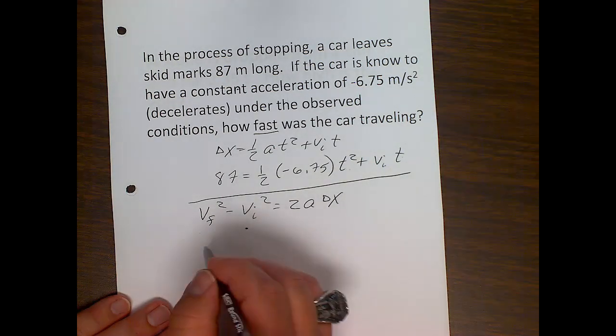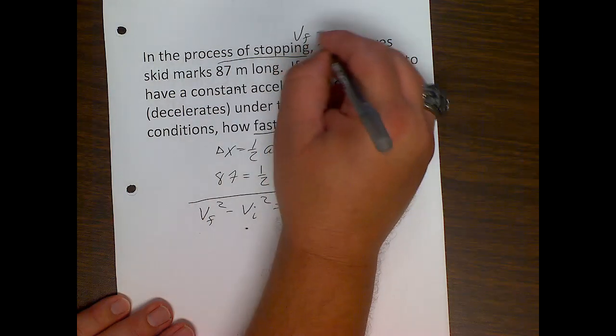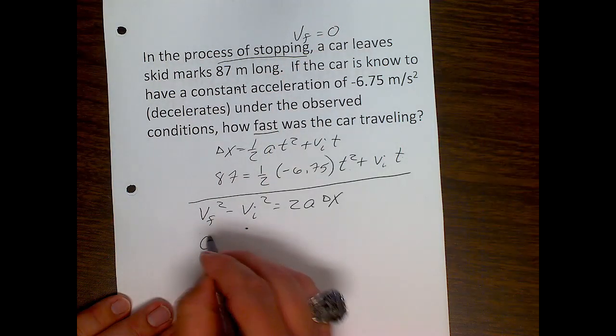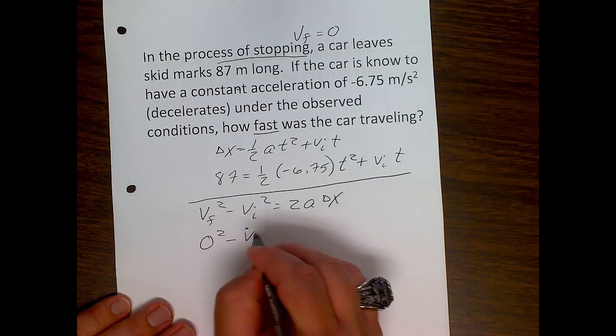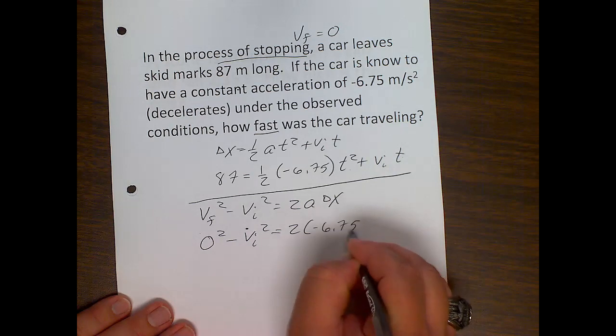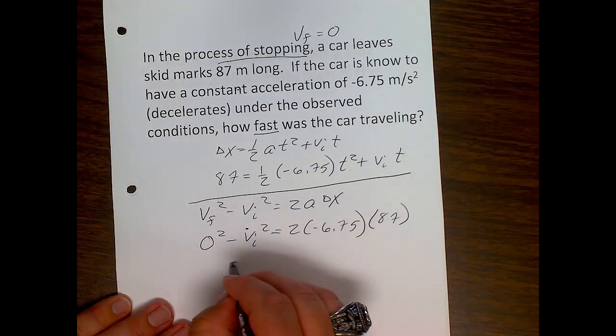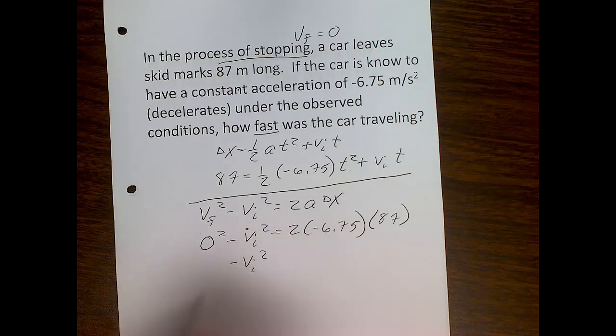So it stopped. Process of stopping. So our final speed is in fact 0. So 0 squared minus our initial speed squared is equal to 2, negative 6.75, and it went 87 meters. So I have a negative Vi squared. Now the negative is not under the square, so it does not get squared.